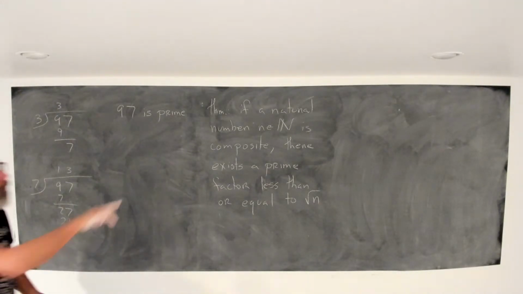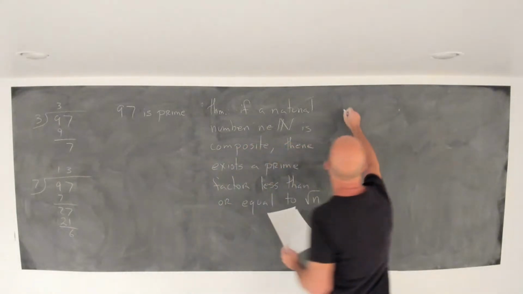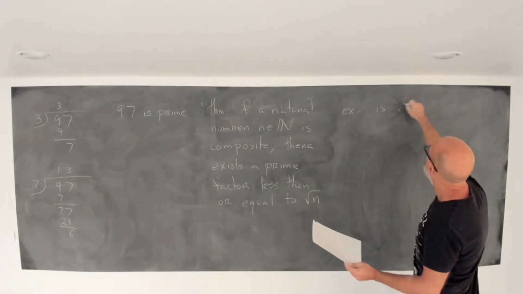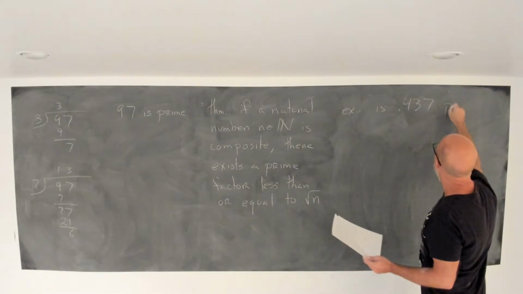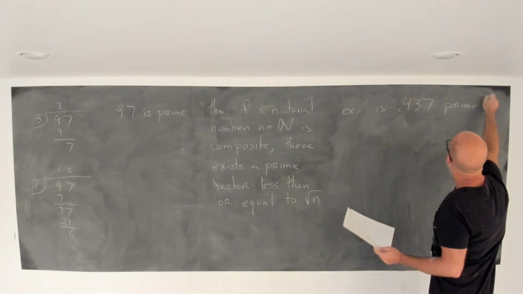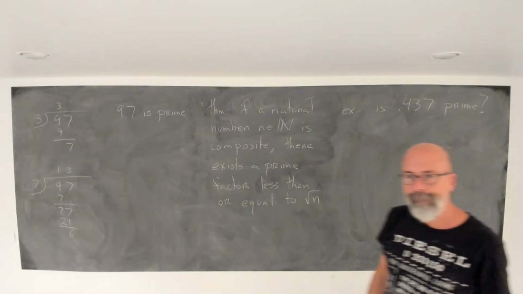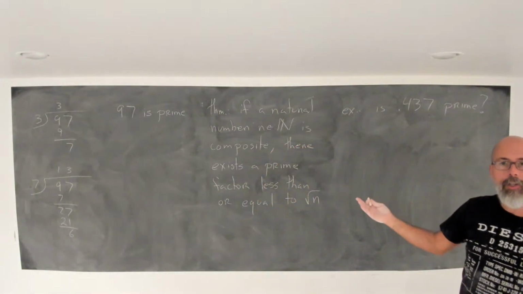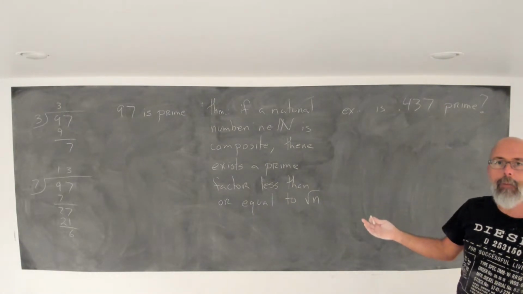Let's take an example to illustrate this. Here's the question, is 437 prime? I mean, it's not clear. Maybe it is, maybe it isn't.